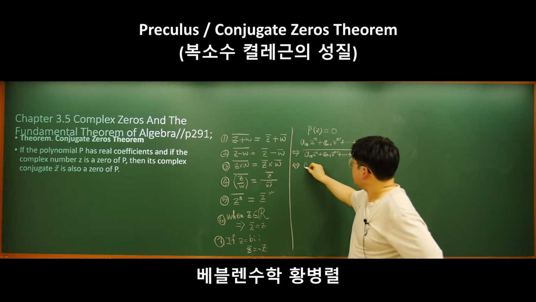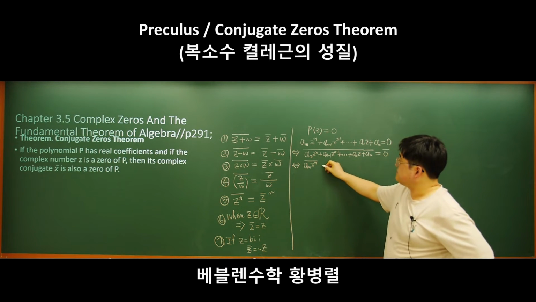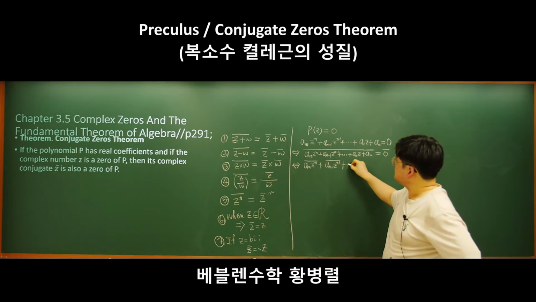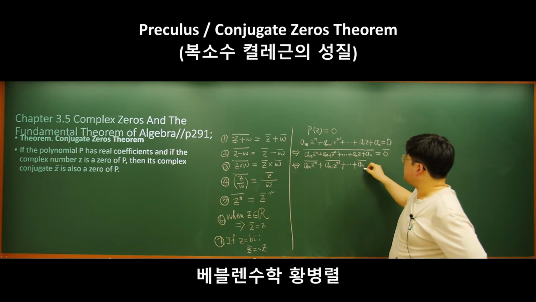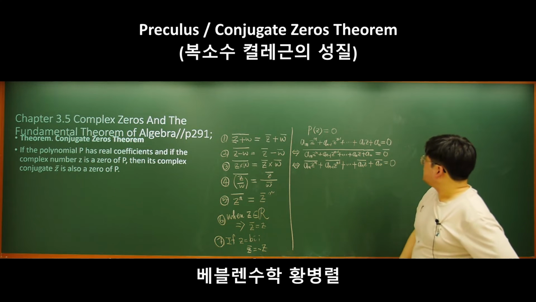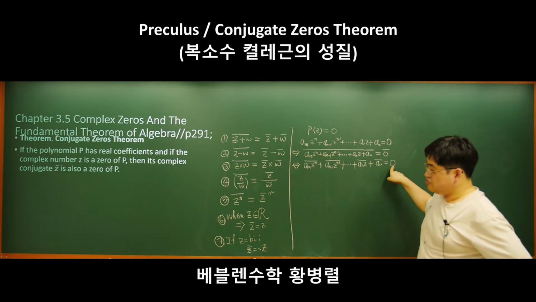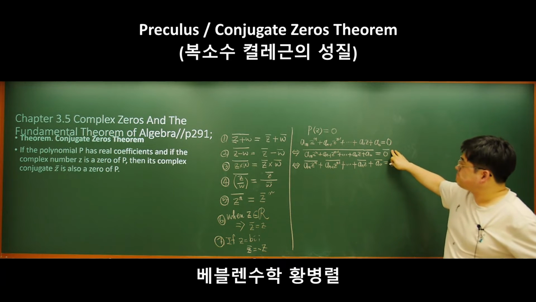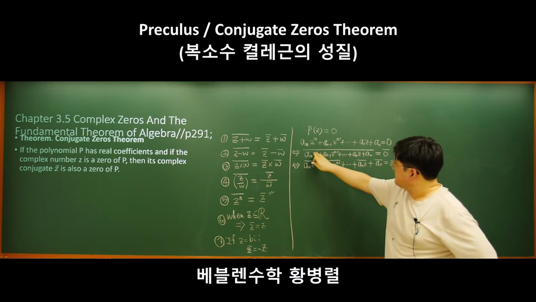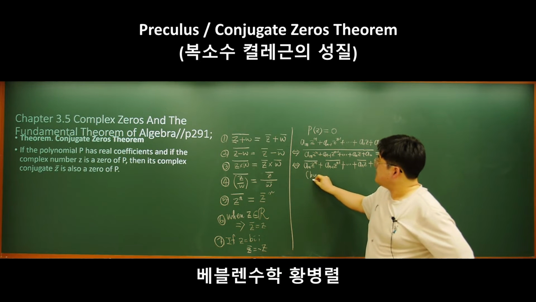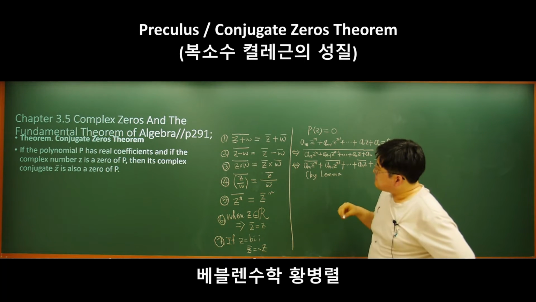And the bar of a n z to the nth power plus bar of a n minus 1 z to the n minus 1th power plus blah blah blah plus bar of a 1 z plus a 0 is equivalent to bar of 0, which is 0 because of its definition, and bar can be split into each term by lemma 1.